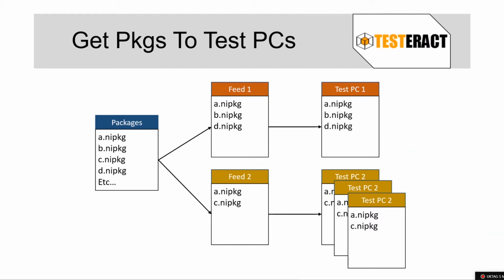So if you were going to use the feed distribution method, you would tell people, hey, open up Package Manager before you run the test, see if there are any updates or any new packages, install all of those, and then run the test. That would be part of their protocol.